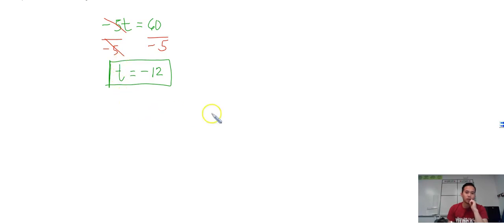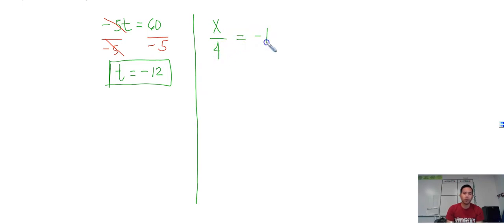Another example is, what if a fraction is involved? Just like this example, we have x over 4 is equal to negative 12. Again, we want our x to be on the left side. So the first thing you have to do is multiply both sides by the denominator, which is 4.